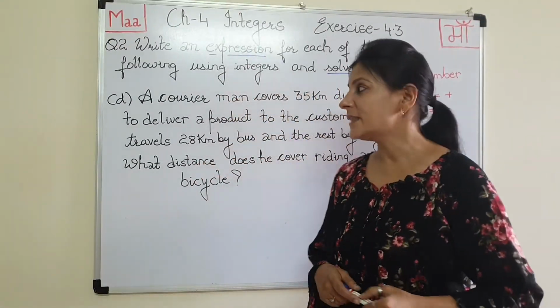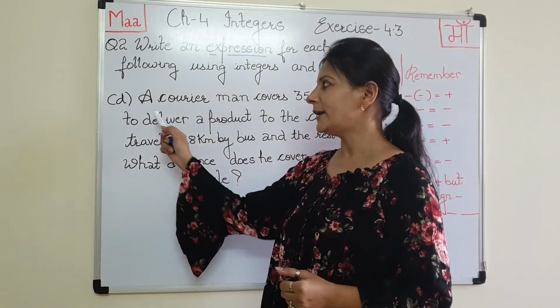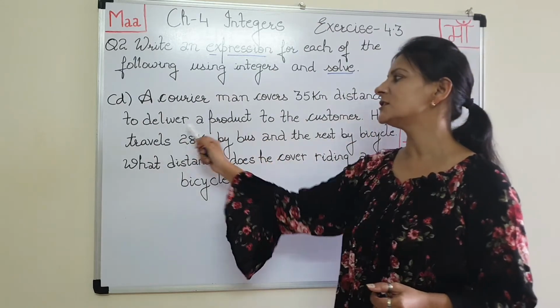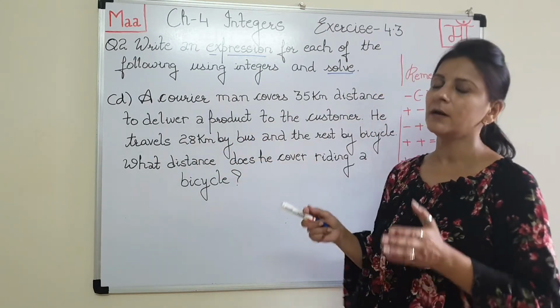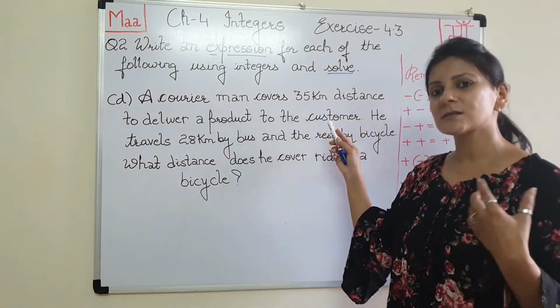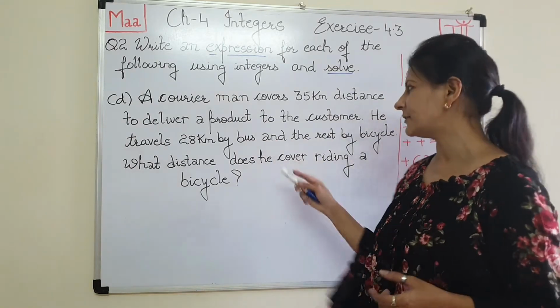Okay students, now the last part of the exercise of question number 2, it is a courier man covers 35 kilometer distance to deliver a product to the customer. एक courier man था जिसने 35 किलोमीटर का डिस्टेंस कवर किया है अपने कस्टमर को प्रोडक्ट पहुंचाने के लिए, डिलीवर करने के लिए.